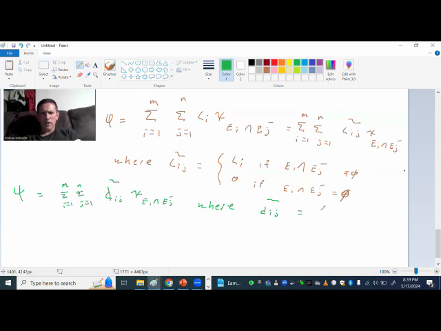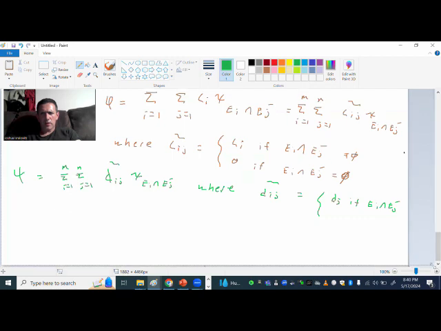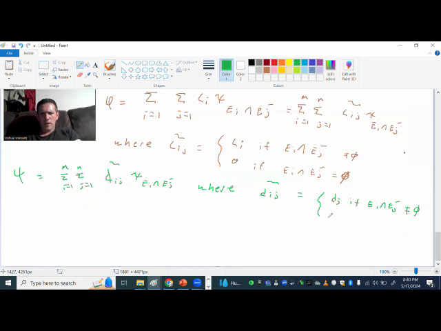So again, writing it like this is going to make things a little clearer. This is d_ij tilde if it is not empty, 0 if it is empty.